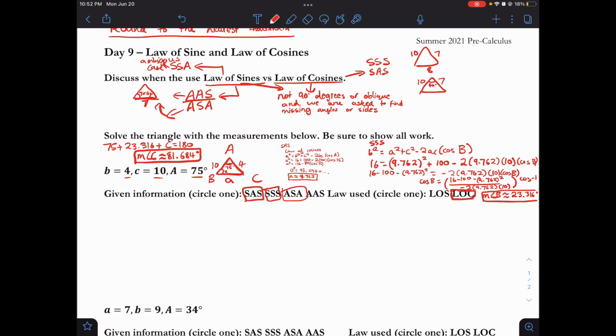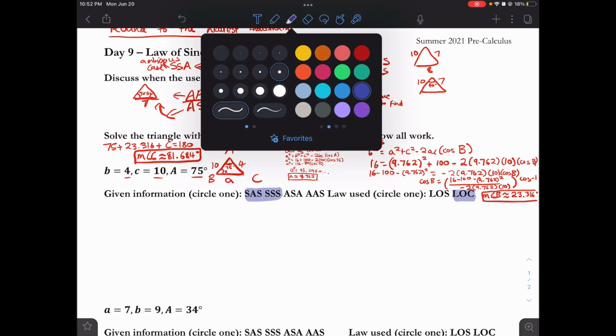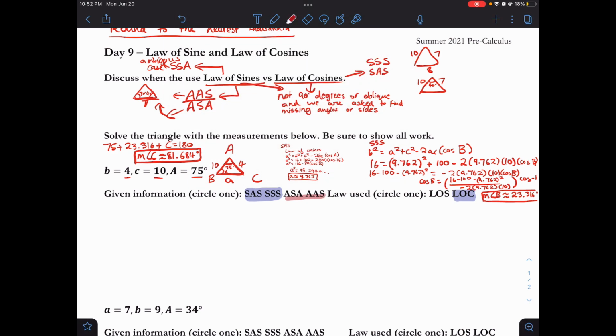ASA, we use the law of sines, and AAS, we again use the law of sines. So let me just color code that. So SAS and SSS go to the law of cosines right there, and ASA and AAS go to the law of sines right there.